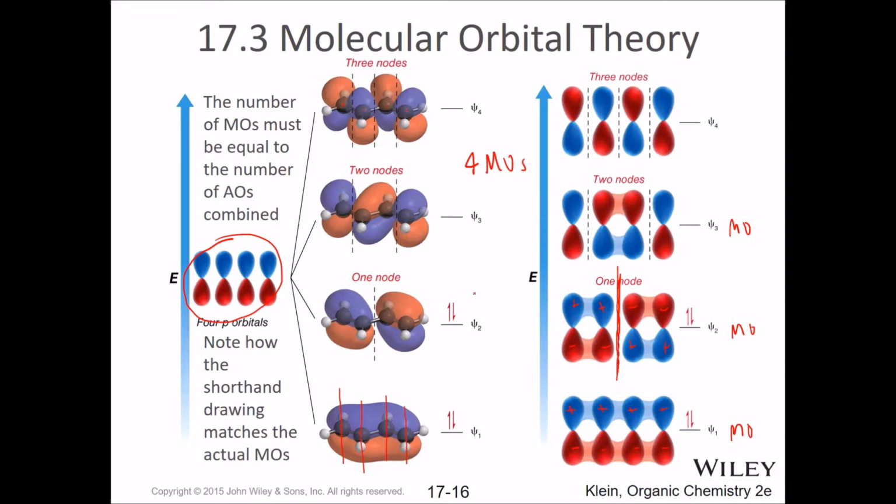These become higher and higher in energy, and then 3 nodes is where none of them are in phase.